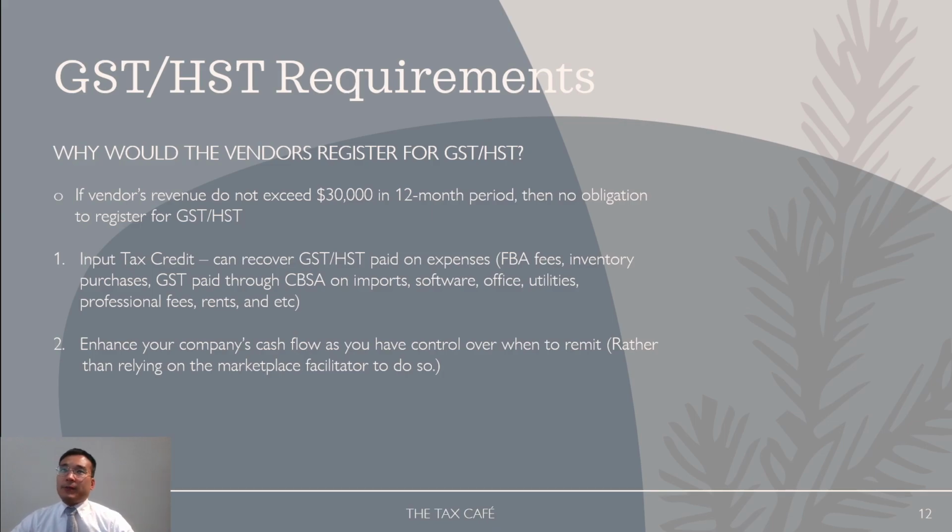Especially if you are an Airbnb owner, and you recently bought a property and paid GST on a property exclusively used for short-term accommodation, you can claim that big chunk of GST as an input tax credit. That is probably the single biggest input tax credit you can ever claim, I would assume.